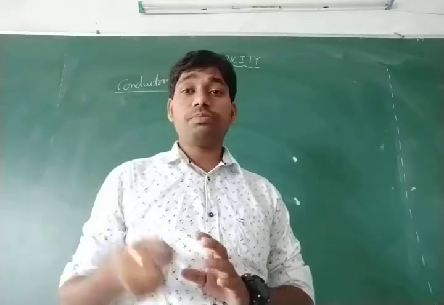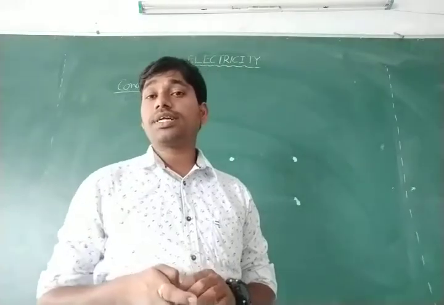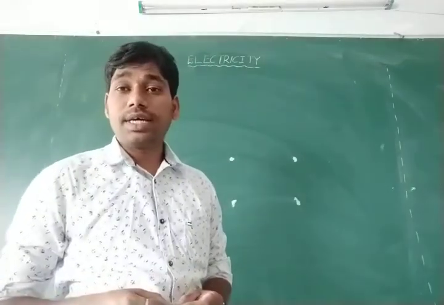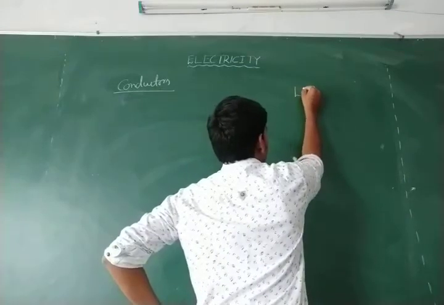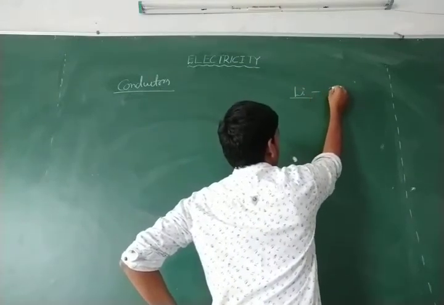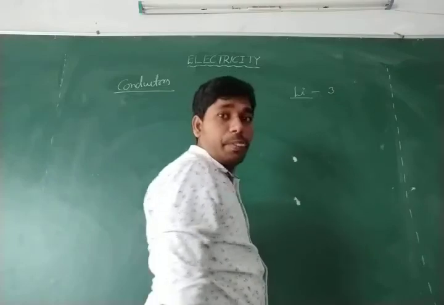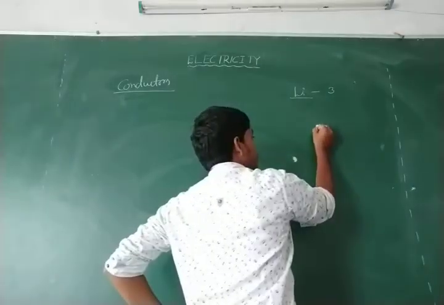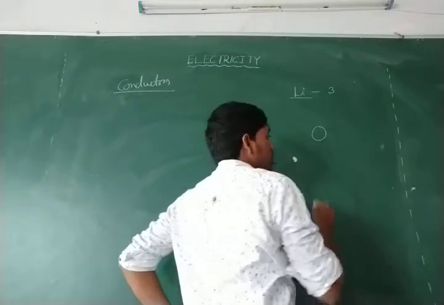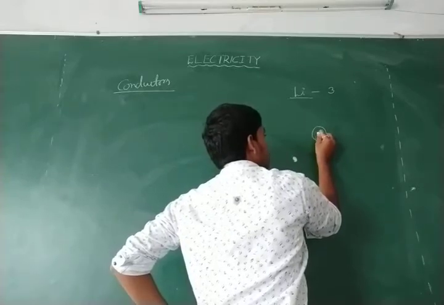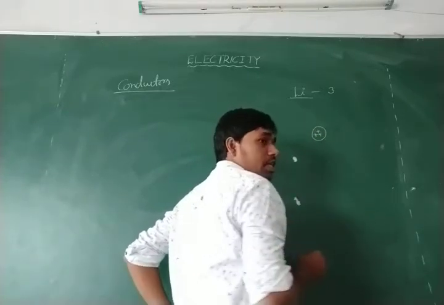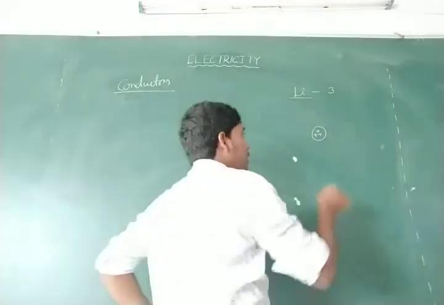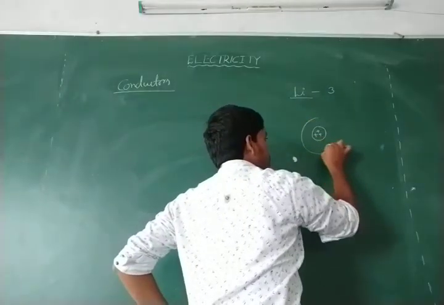Before going to the bigger number, we will first discuss a small element, lithium, whose atomic number is 3. In a lithium atom, 3 protons are present, which are positively charged, and 3 electrons are present.